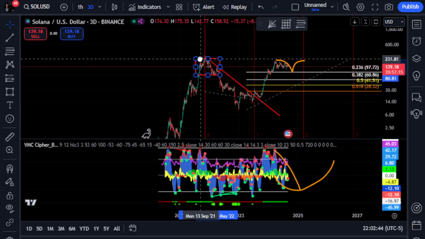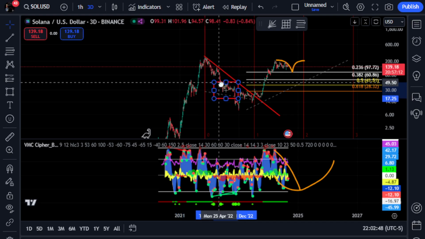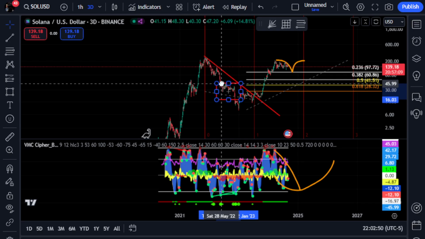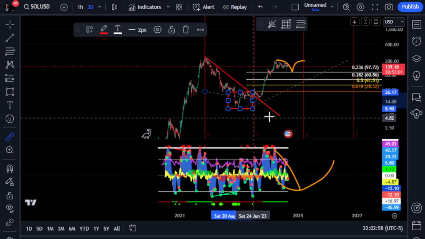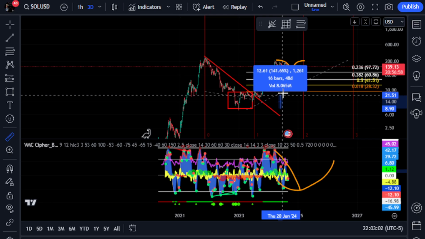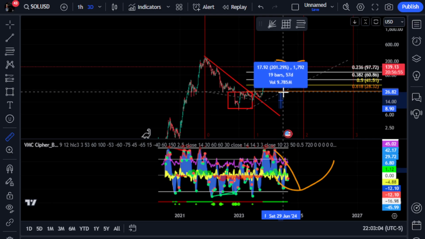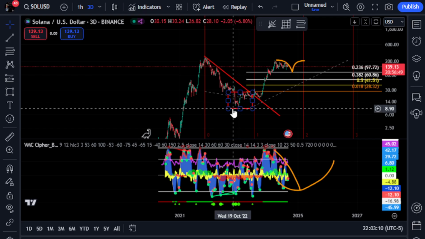Right here, we're about half. It's these proportional relationships. Here we went up that amount. This is the big difference between long and short. 65% down is about 200% up. Big difference.